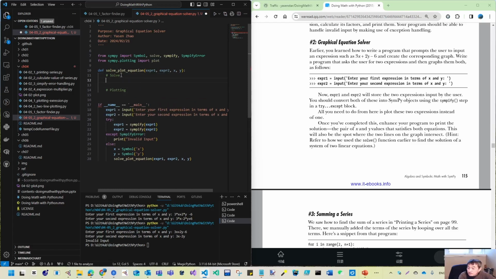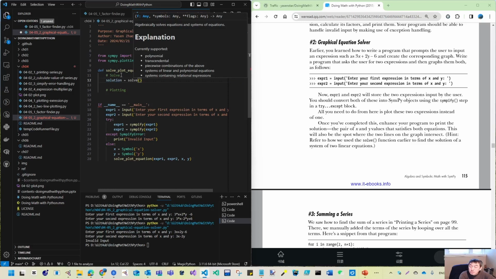Solve is easy. We can solve these two by passing the two expressions as arguments. So solutions is equal to solve. But to pass more than one expression, you need to treat them as a tuple: expr1, expr2. We pass these, and then we want a dictionary, so true.